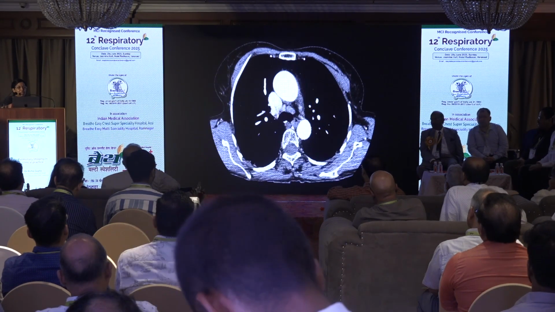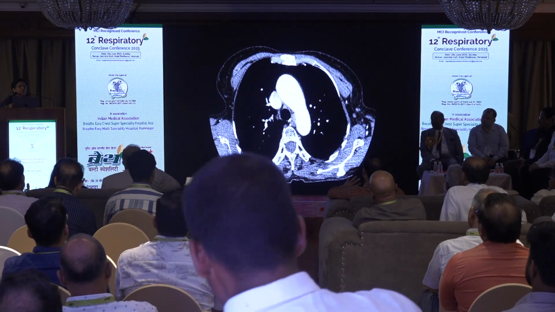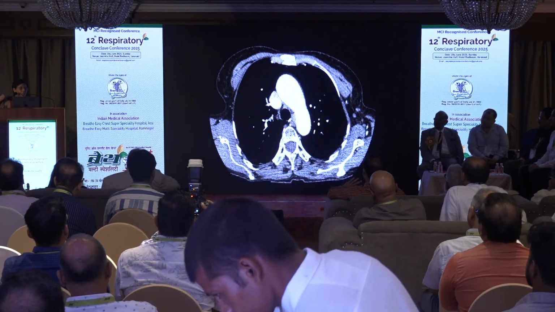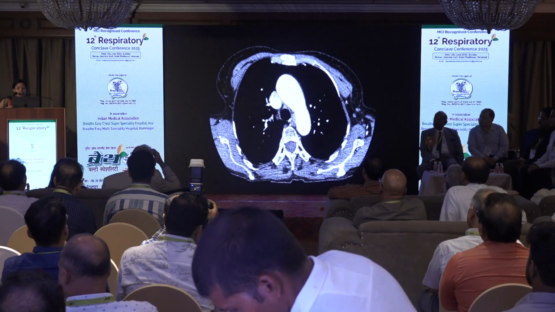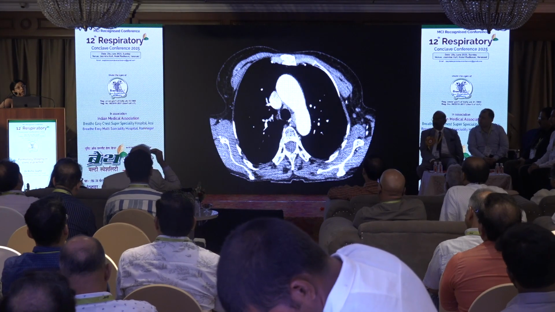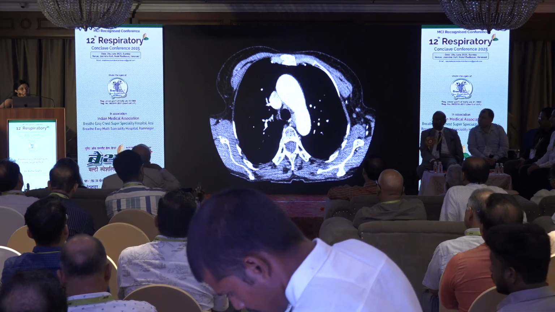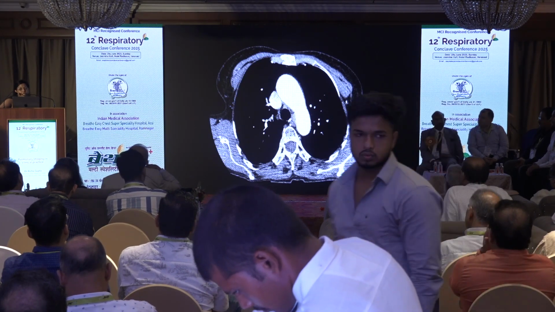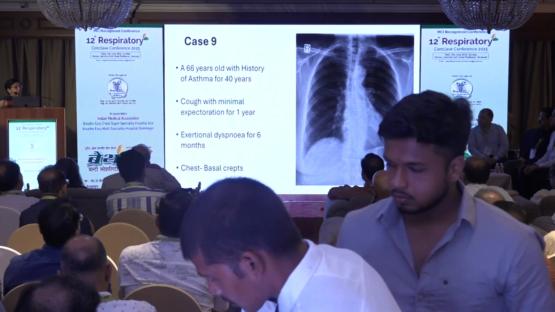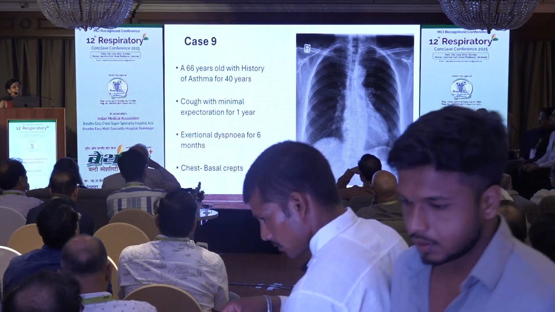So this patient will benefit by doing a bronchial artery embolization, provided you have ruled out active infection going on. Even in patients who are having active TB, and if they are producing lots of hemoptysis, bronchial artery embolization can be done.